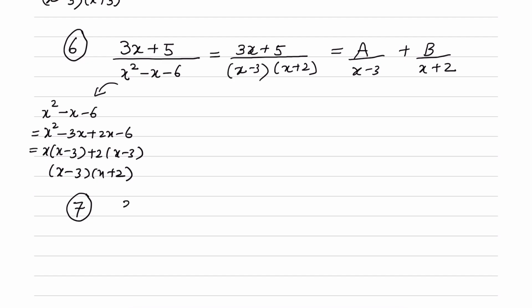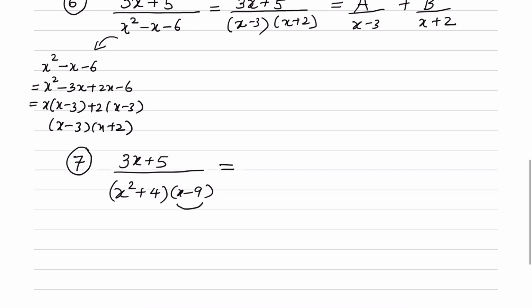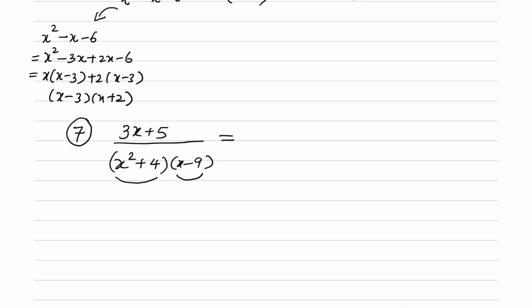Let's look at another rule. This time we have, let's say, (3x + 5) over (x² + 4)(x - 9). Now we know that x - 9 is a 1 degree factor, so the rule is A divided by (x - 9). But we'll have to check whether this 2 degree expression can be factorized. To check that, we put x² + 4 equal to 0, x² is equal to -4, x is equal to ± square root of -4.